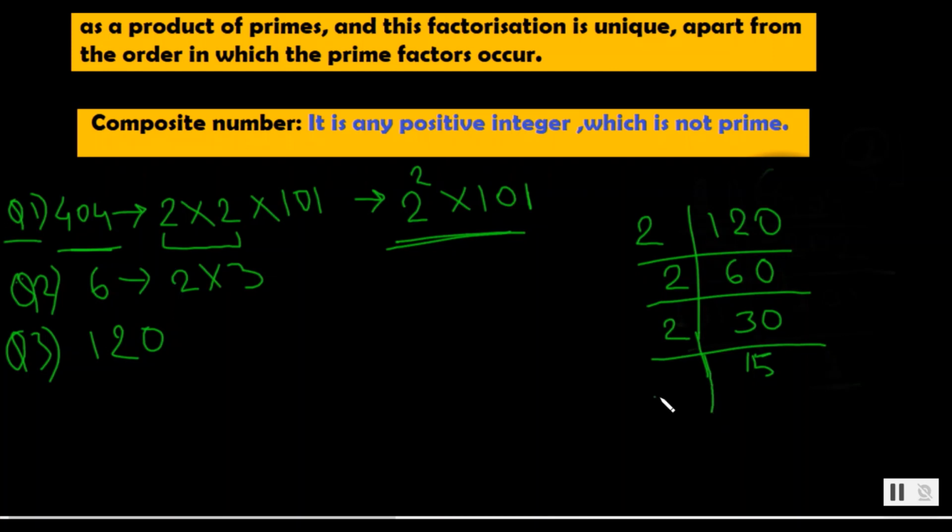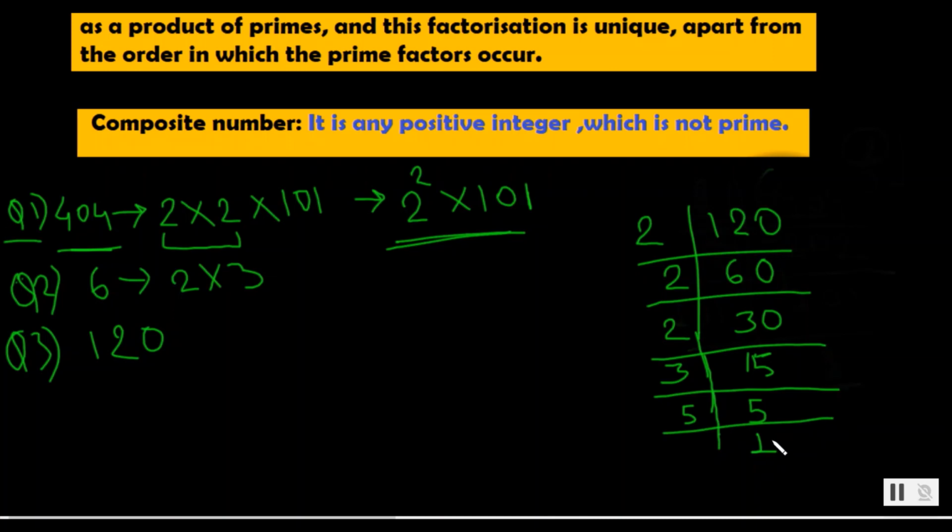Now 15 is not divisible by 2, so we move to the next prime number, that is 3, and yes, 3 can divide 15, so we get 5, and then 5 divided by 5 gives 1.